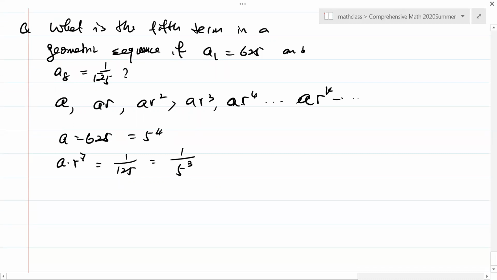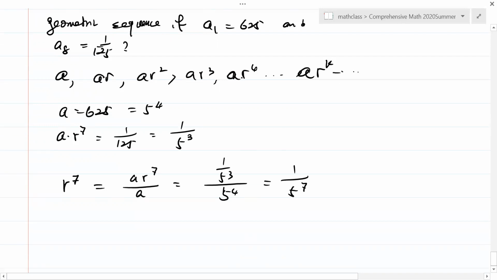So r to the 7th is this term divided by that term, a times r to the 7th divided by a. So it's going to be 1 over 5 to the 7th. And then it's easy to see that r is going to be 1 over 5.